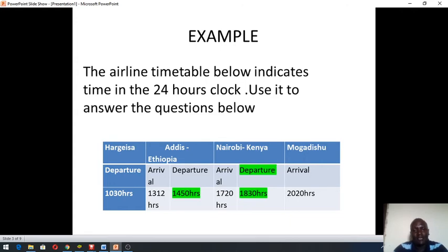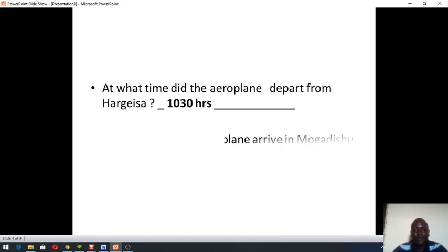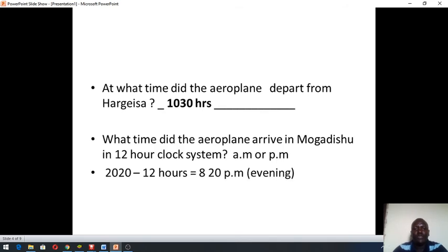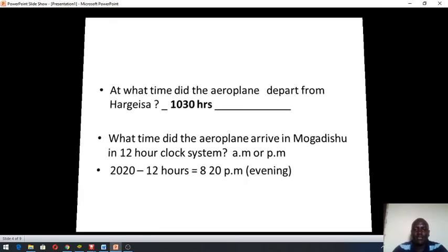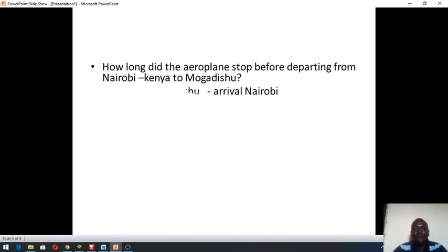That airplane started flying from Addis, Ethiopia at 1450 hours. But these 1450 hours, we change it into 12-hour clock system. We take away the 12 hours, 1200 hours.